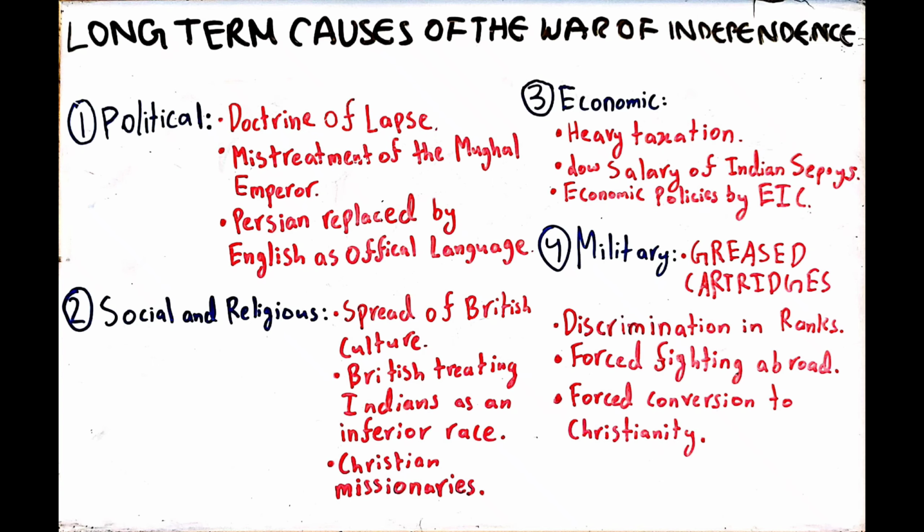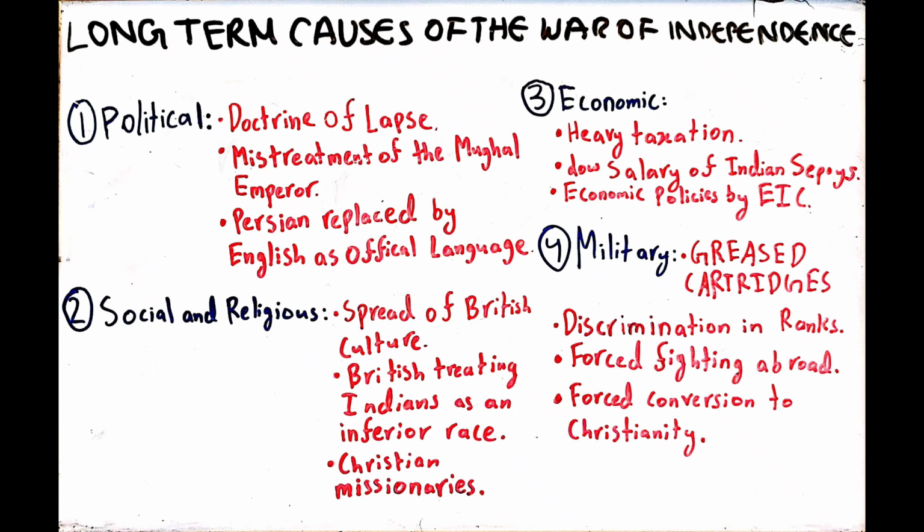Number three, you have English replacing Persian as the official language and the administrative language. This meant that all the people working in the government had to learn English, and they had to forget about Persian in terms of administration.